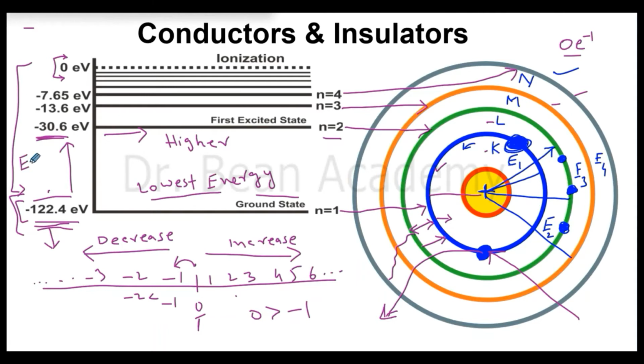It means the energy is increasing, because 0 is the greatest value in this series, as you can see. And then the numbers are decreasing because of the negative sign, like when you move from 0 to the left side. So that's why this is the highest energy, 0 electron volt, and when you go down, the energy is decreasing because of this negative sign.